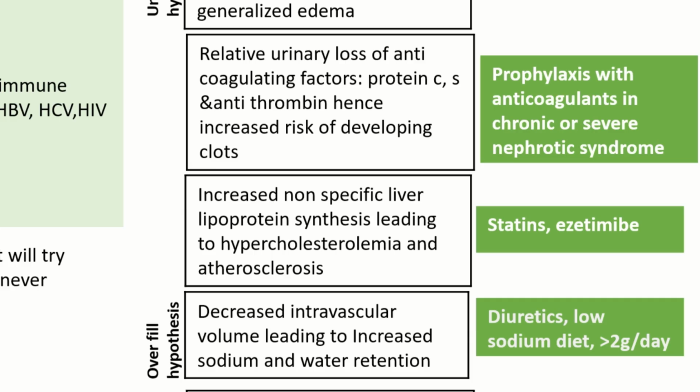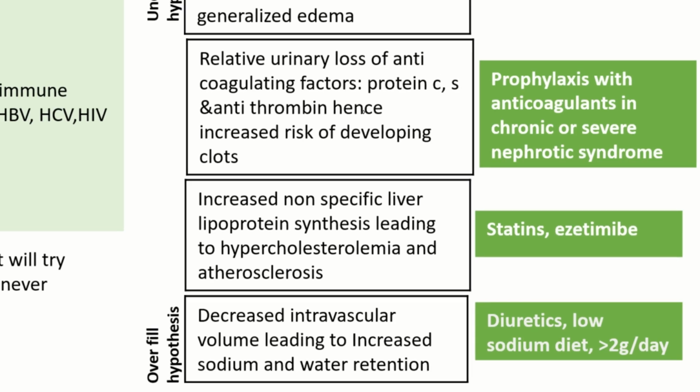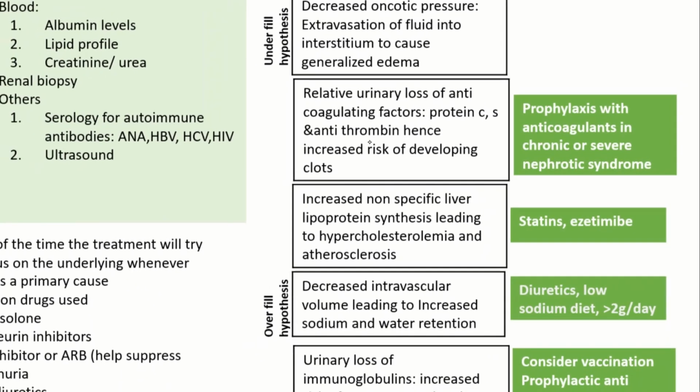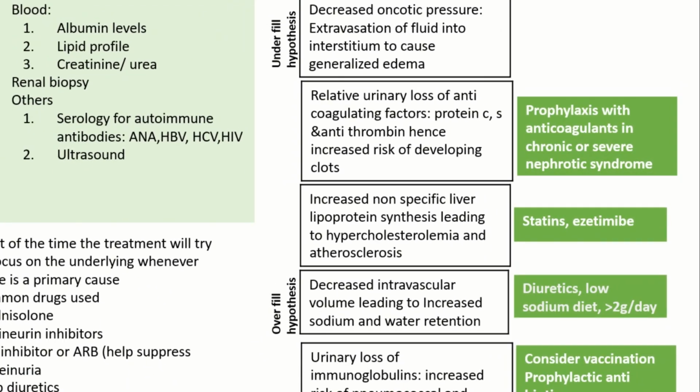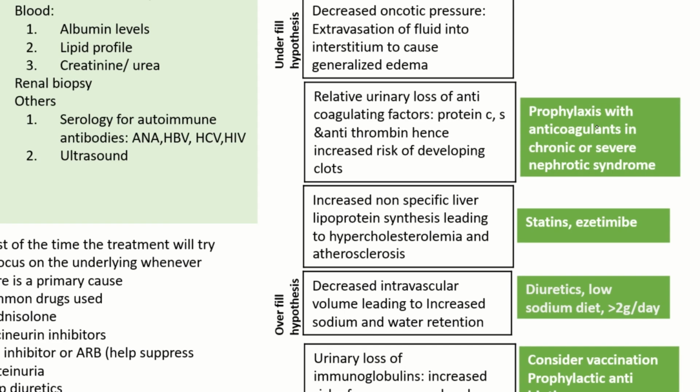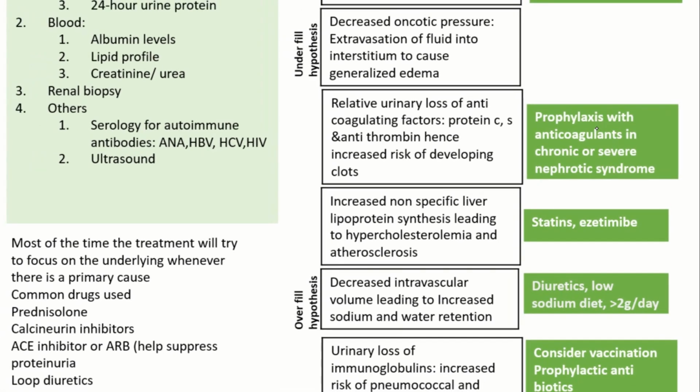And then, as we are losing these intravascular proteins, we're going to have a reduction of the fluid volume, and the kidney will decide to activate the RAS system, the renin-angiotensin-aldosterone system. This is going to lead to increased water and sodium retention, and this is going to lead also to edema. The edema is explained under two hypotheses, known as the overfill and the underfill hypothesis.